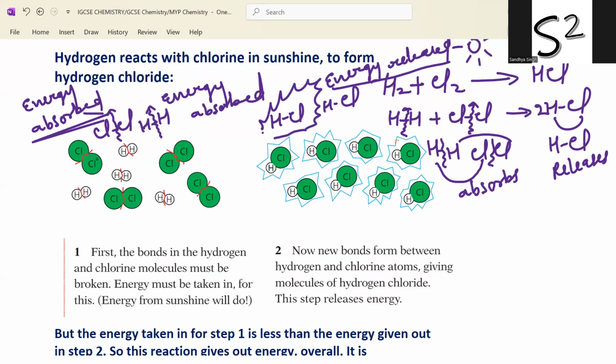So energy must be taken in for this. And here, new bonds form between hydrogen and chlorine atoms, giving molecules of hydrogen chloride, and this step releases energy.